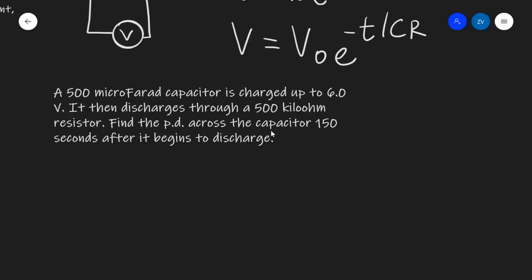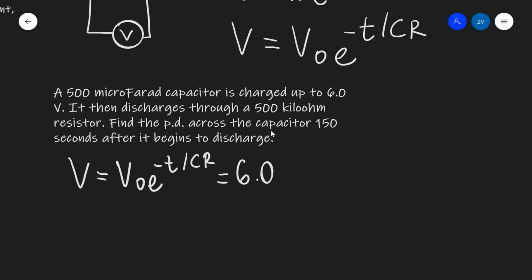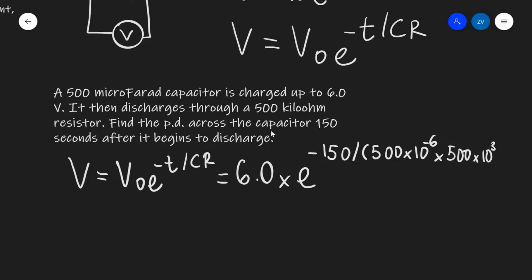Okay, well, let's write down my equation over here. So I'm going to say that V is equal to V naught e to the minus t divided by CR. My initial voltage V naught is 6.0 volts. I'm going to multiply this by the exponential of minus t, which is 150 seconds, divided by CR, which is 500 microfarads, so that's times 10 to the power of minus 6 farads, times my resistance, which is 500 kilo ohms, so that's 500 times 10 to the power of 3.